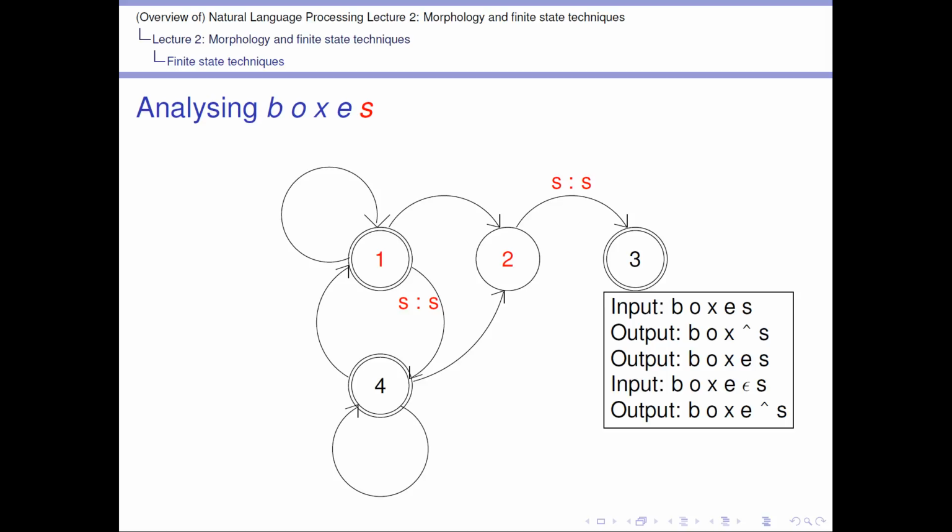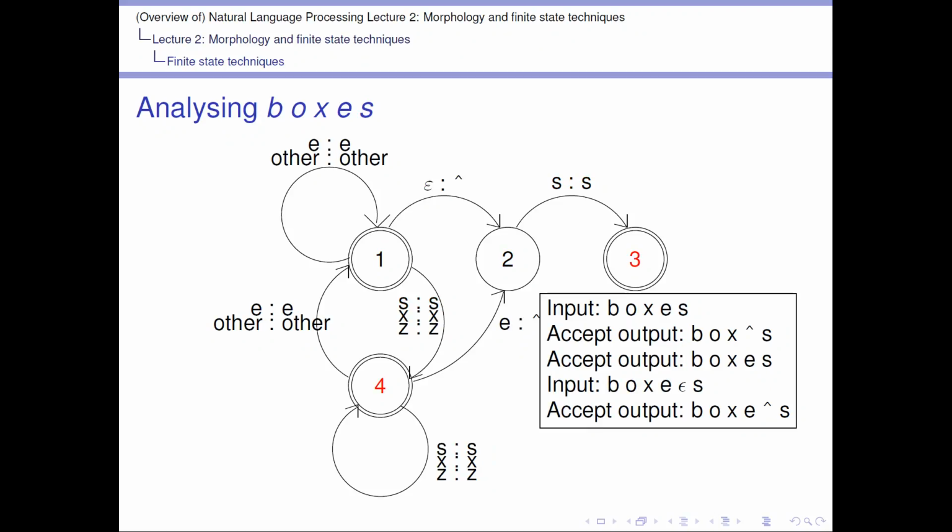In two of our scenarios, we ended up in state 2, and so now we can just output the S. And in one of our scenarios, we went round using the explicit E that was mentioned on the loop on state 1. So that would allow us to come back to state 4.